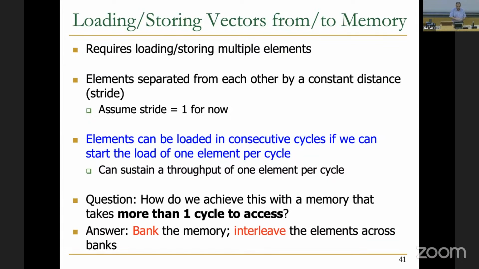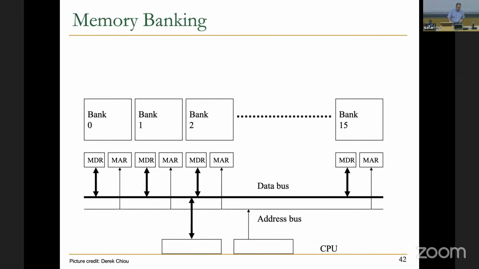So we need to bank the memory and also interleave the elements across banks. This memory banking is what we see in the Cray-1, which has 16 banks. Your memory is banked by 16 banks, and for each bank you have a memory data register and a memory address register. So essentially you can access these banks concurrently.